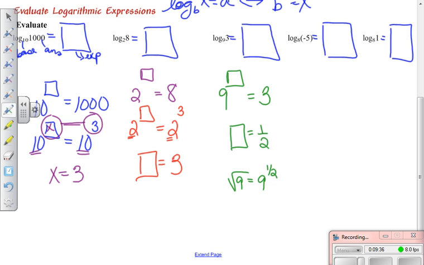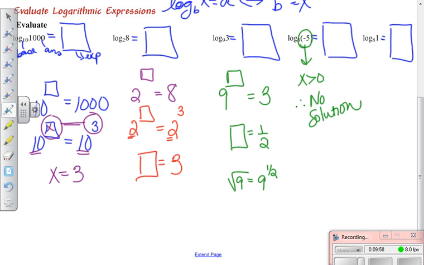Now log 8 of -5, if you remember from our restrictions, x must be greater than 0, therefore no solution here. You can't do it because x is a negative number.